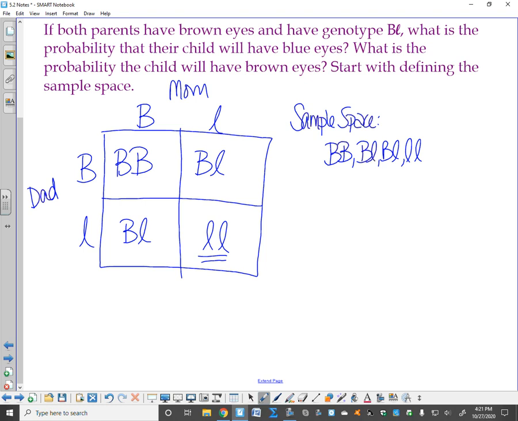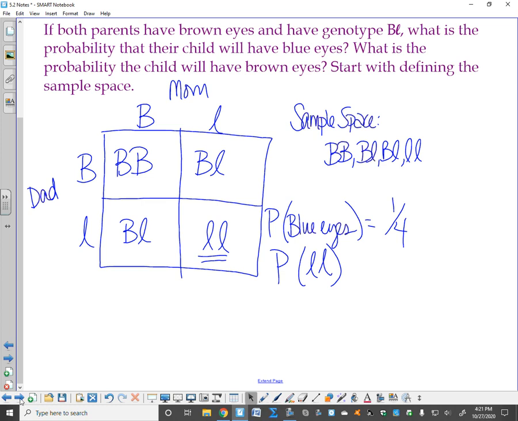So here's how you write it. The probability of blue eyes, or you could have written the probability of LL. I like the blue eyes better because it's more user-friendly, is 1/4 or 25% if you wanted to write it that way.